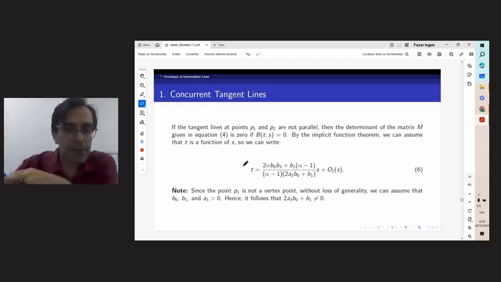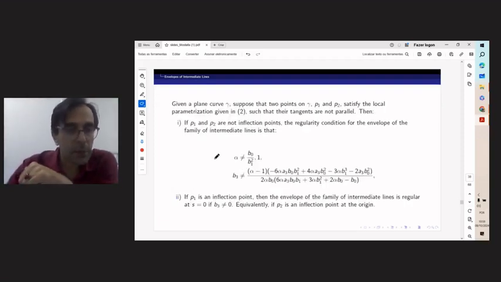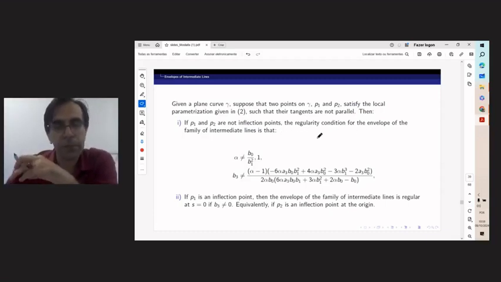Then we apply this to the envelope and we find the results. For example, we found that if P1 and P2 are not inflection points, the regularity condition for the envelope of the family of intermediate lines is given by these two formulas. Alpha shouldn't be these two numbers, and B3 should not be this value.